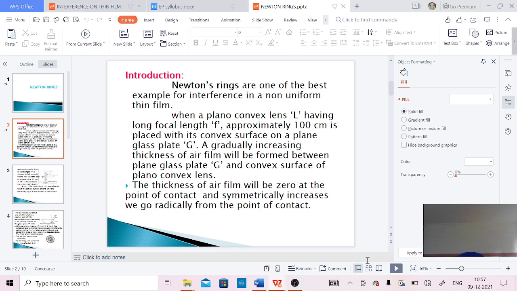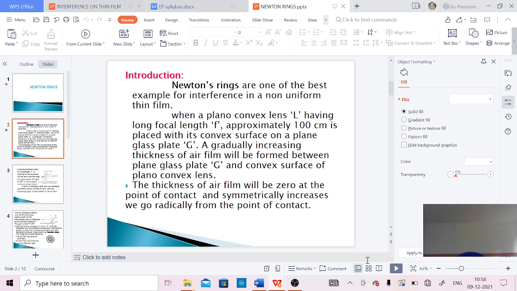Due to the non-uniform shape of the convex lens, there is a gap between the glass plate and the convex lens. In that gap, an air film is formed between the plane glass plate and the convex surface of the lens. The thickness of the air film is 0 at the point of contact and increases symmetrically as we go radially from the point of contact.